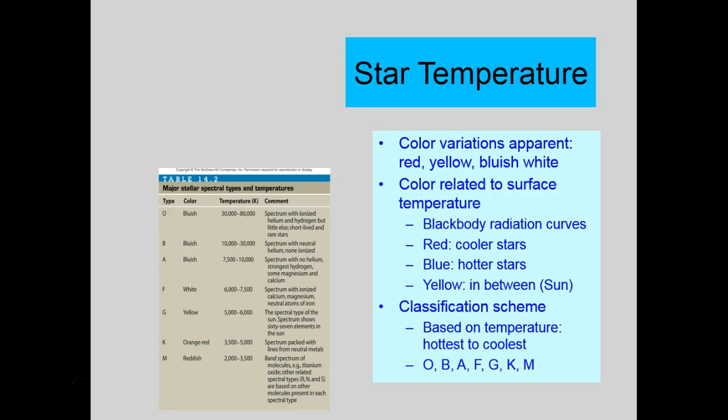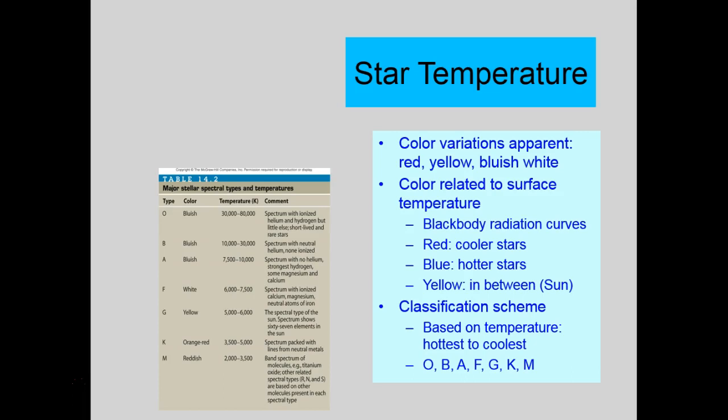The F is the white stars. Those are 6,000 to 7,500 K. These have spectrum with ionized calcium and magnesium, neutral atoms of iron. Finally, a little iron is showing up. We'll find out later iron is one of the most common solid elements, though it's not solid at these temperatures, it's still gas.